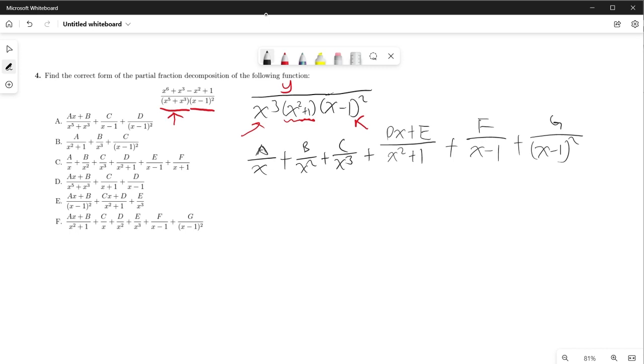So these A, B, C, D all the way to F, G don't really matter. It's just really the denominators that matter, as they're just representing constants. So I'm just going to look for all the right denominators in the answers.